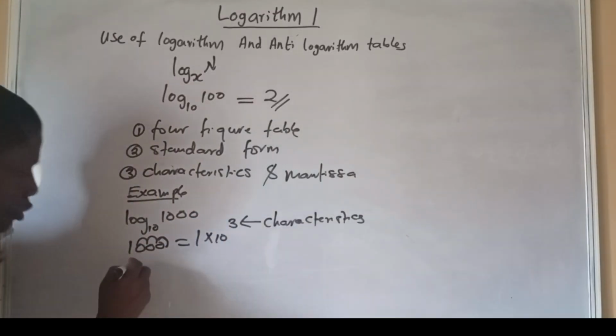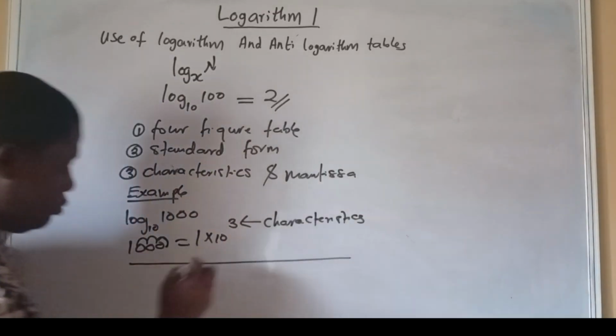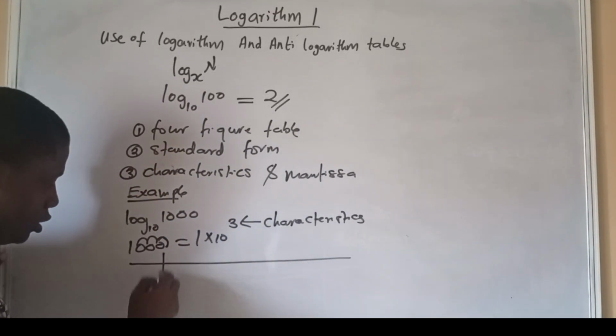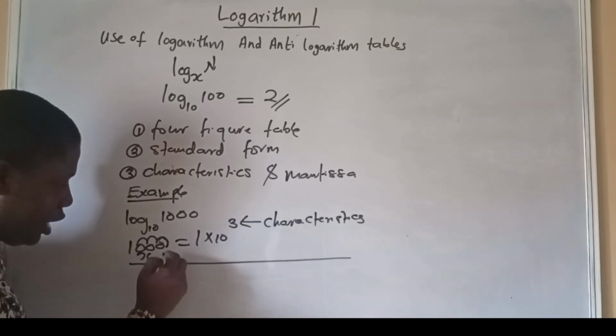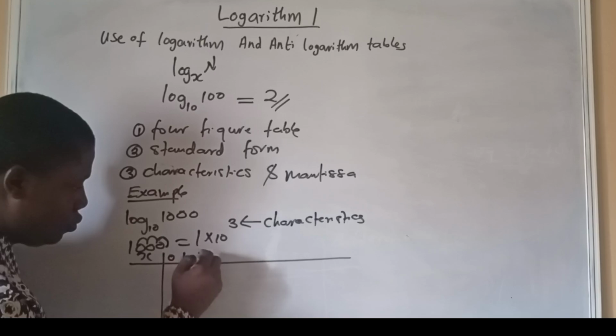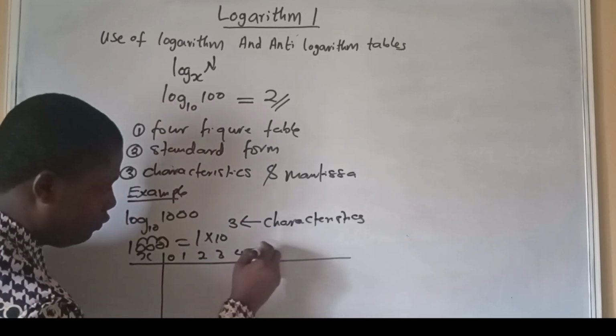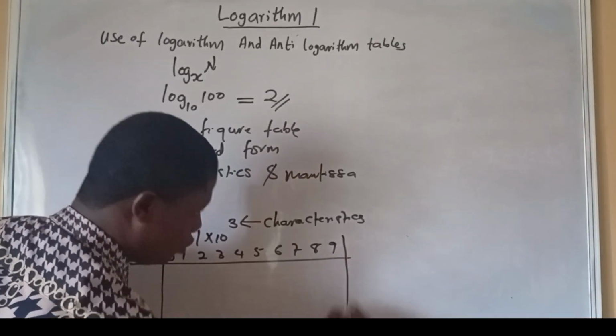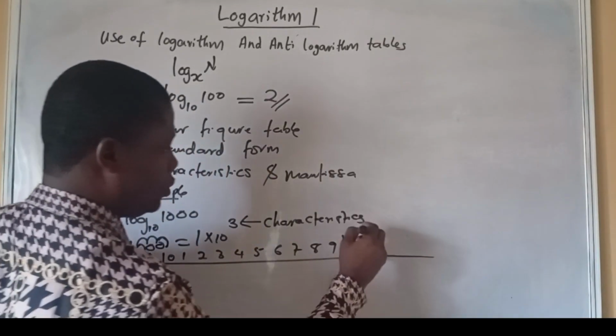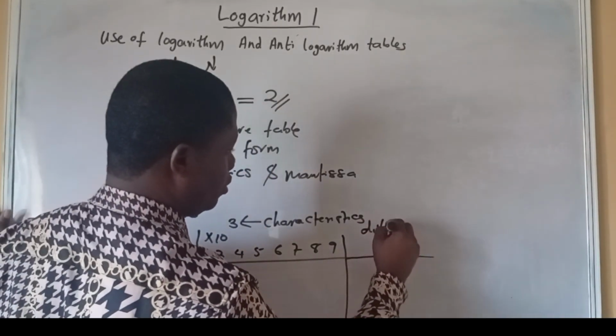Now, go to your four-figure table, you will see numbers like this. You will see X, then you will see numbers written as 0, 1, 2, 3, 4, 5, 6, 7, 8, 9. Then after that, you will see another part, which is the difference.